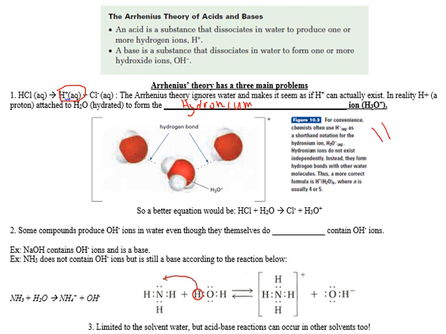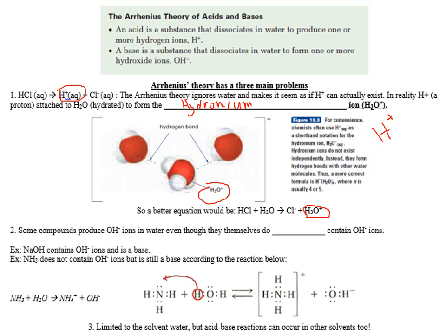Even you'll see your teachers will always write down H plus as a shorthand for H3O+, and we'll just say hydrogens, H plus. But in reality, it's actually H3O+ that forms, not H plus. So that was the first problem with the definition that Arrhenius had. There's no such thing as the H plus swimming around freely by itself. It's going to attach to a water molecule, for example, and form H3O plus.